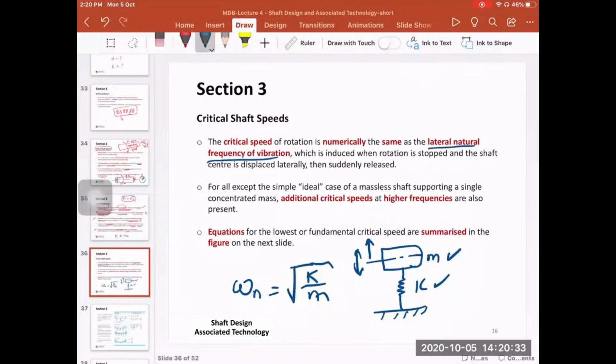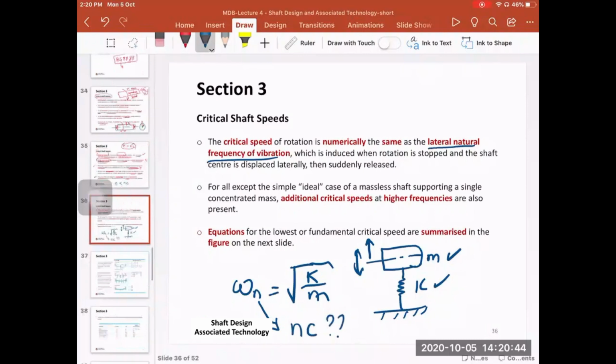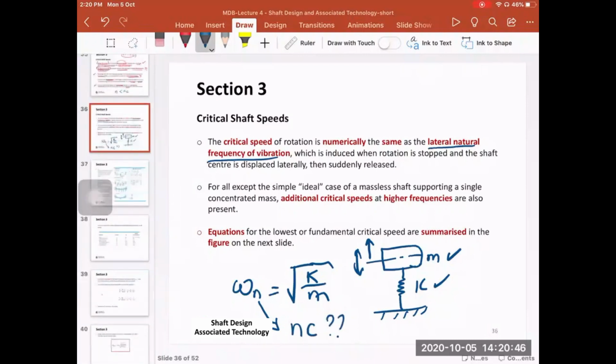In this case, based on this lateral vibration or natural frequency, we can find the value of the critical speed. We'll learn more about this on the next few slides. But it is worth mentioning that in the ideal case, you have one mass and a massless shaft.